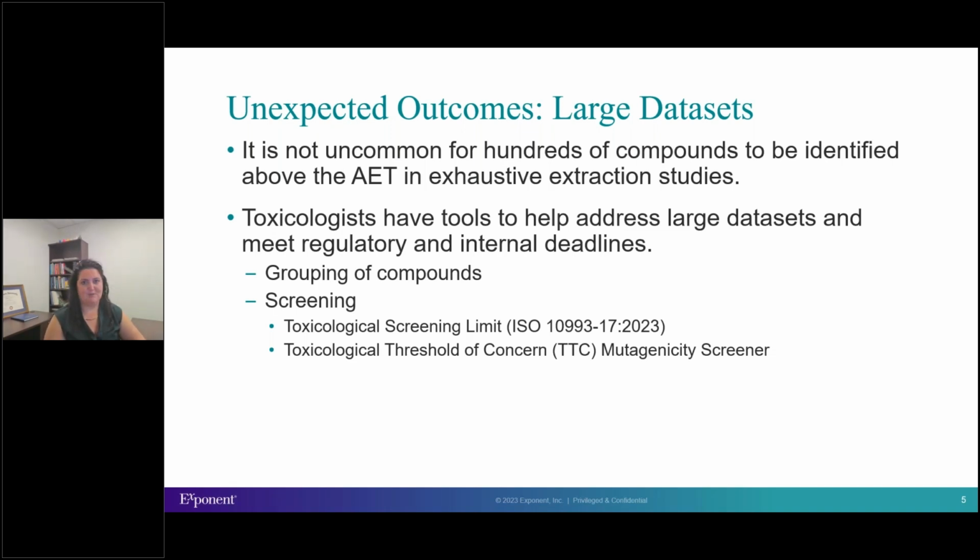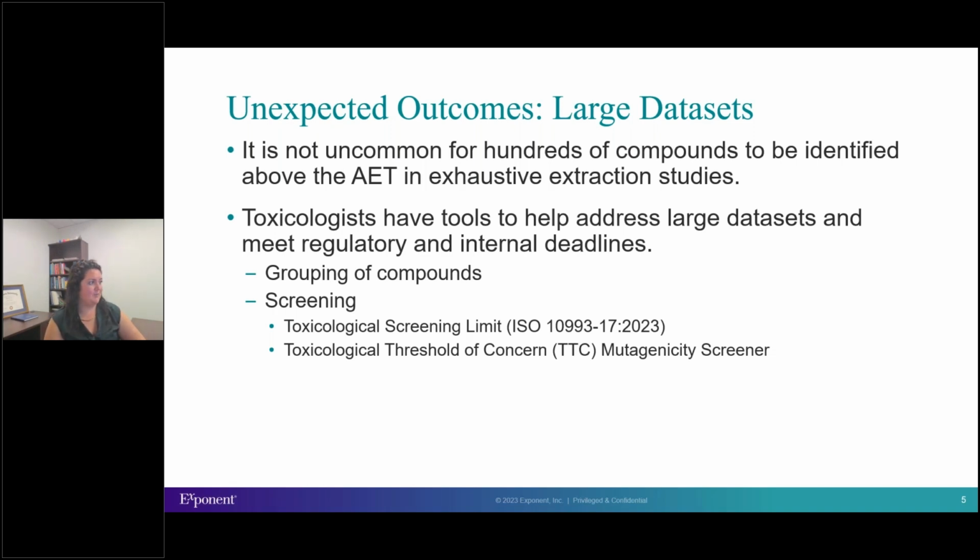The first thing we can do is group compounds, as I previously described. We can also use the new toxicological screening limit from ISO 10993 Part 17, which we all know and love, but we all know that we can't always use the TSL. If we're dealing with a medical device, for example, that's used with neonates, we can't apply that TSL.